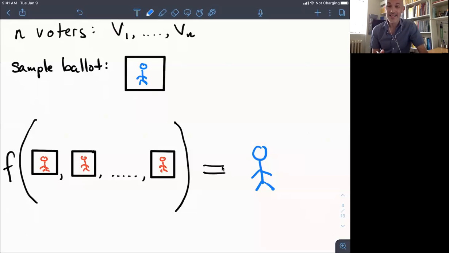You can ask, is this a reasonable voting function? And the answer is, well, it depends on what you mean by reasonable. Is it a well-defined function? Yes. We know there's no ambiguity in what the answer is going to be. It's going to be the blue person, or it's going to be the taller person, right?